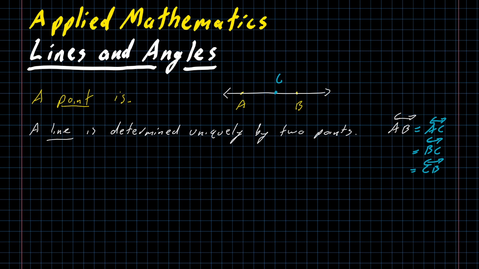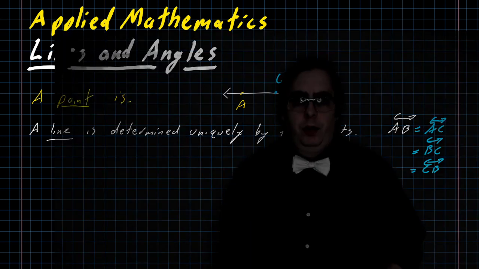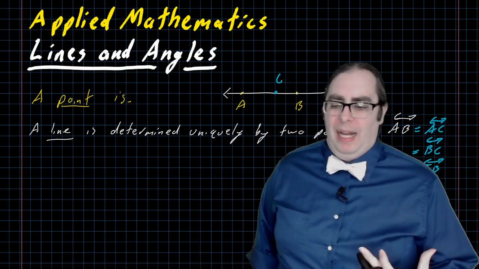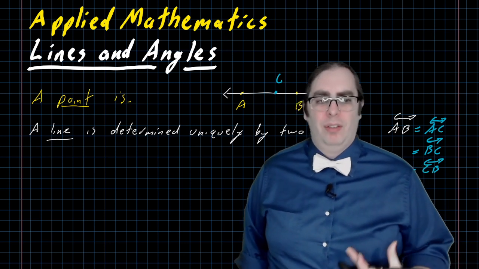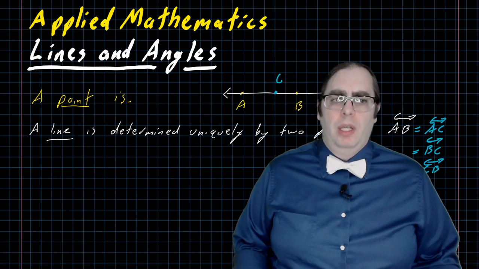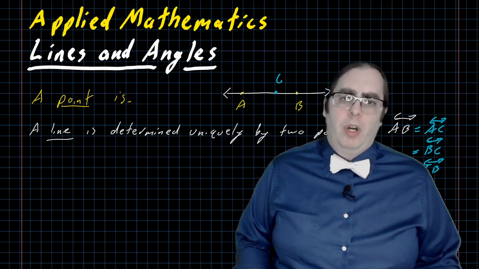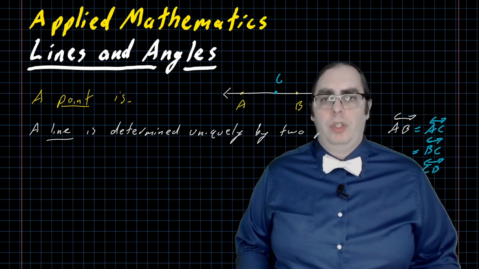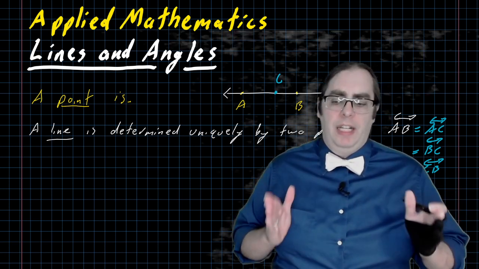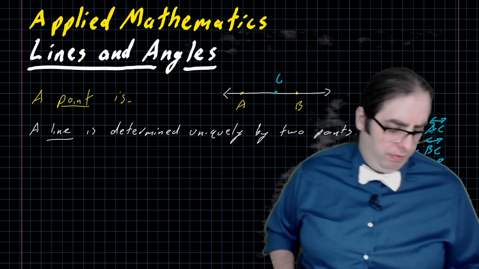For our purposes, though, lines usually aren't all that valuable. Some of the properties, some of the ideas behind lines that extend indefinitely are going to be important for us. But for most of our applications of geometry, we're going to deal with line segments, which are a finite portion of the line.